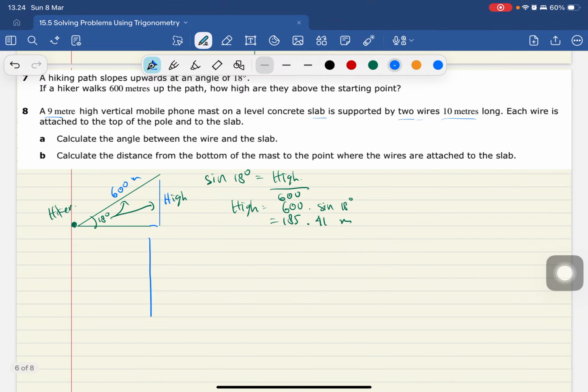So the height is 9 meters. If this is 10, so these are the wires, it's going to be 5 meters and 5 meters. We need to calculate the angle.